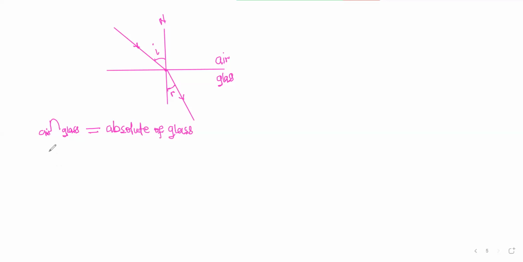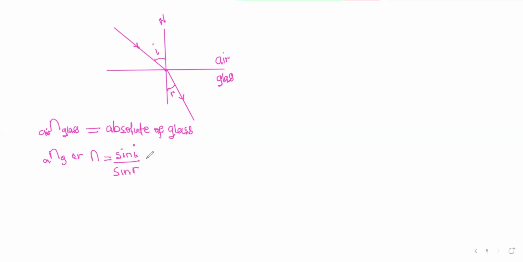And we can determine that by writing the first medium and then the second medium, or simply the symbol N or mu. N can be determined using Snell's law, the ratio of the sine of the angle of incidence to the sine of the angle of refraction.